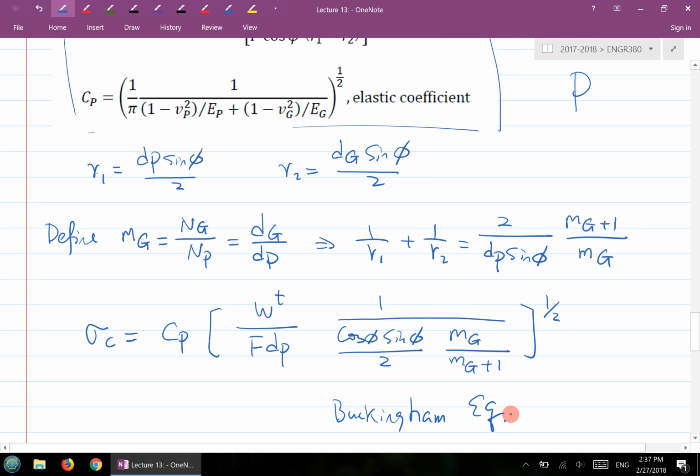AGMA, the American Gear Manufacturers Association, came up with a modified contact stress equation based on the Buckingham equation, just as it modified the Lewis one, by adding a number of coefficients into this equation.